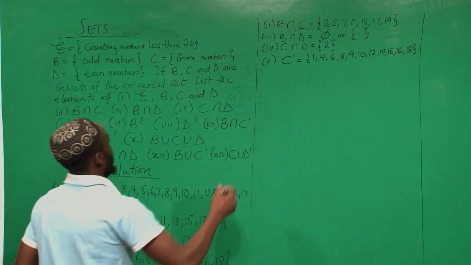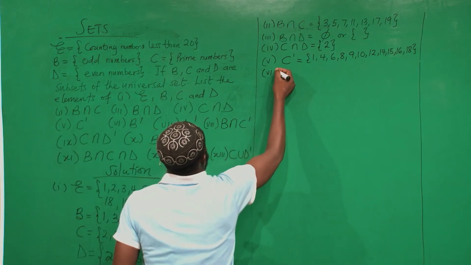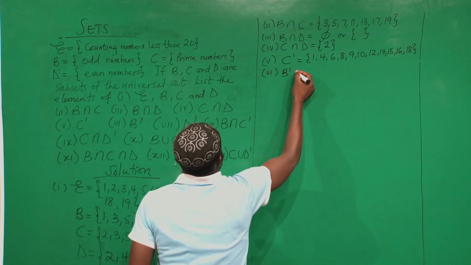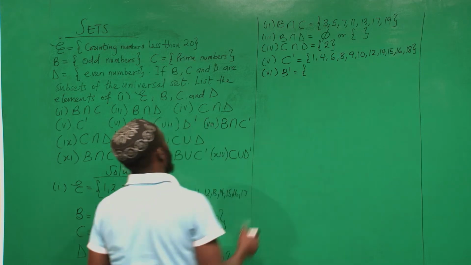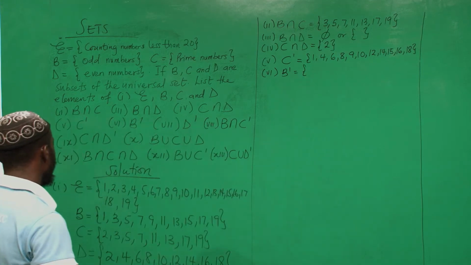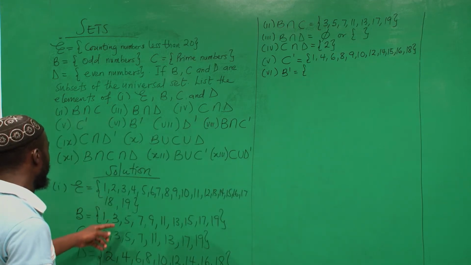B complement. We are comparing B to the universal set. What is here and is not there?